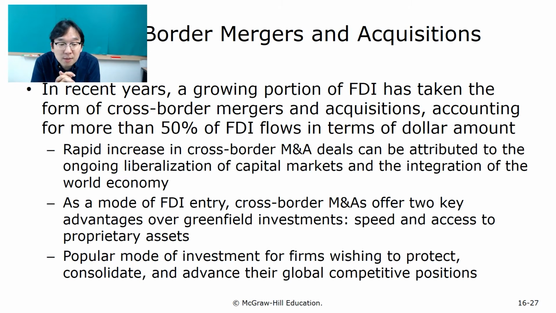And then as a mode of FDI entry, cross-border M&As offer two key advantages over a greenfield investment, which are the speed and access to proprietary assets, right? Secrets or R&Ds. For example, Geely, the car company of China, took over Volvo, the Swedish motor company.